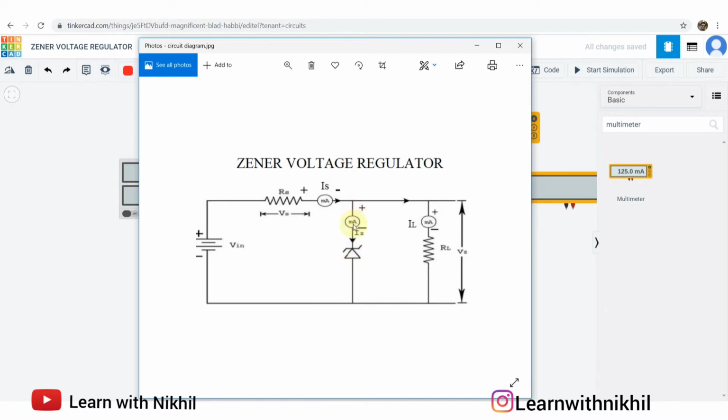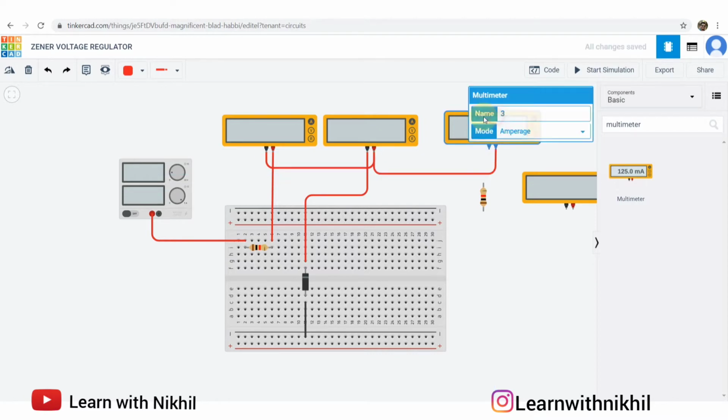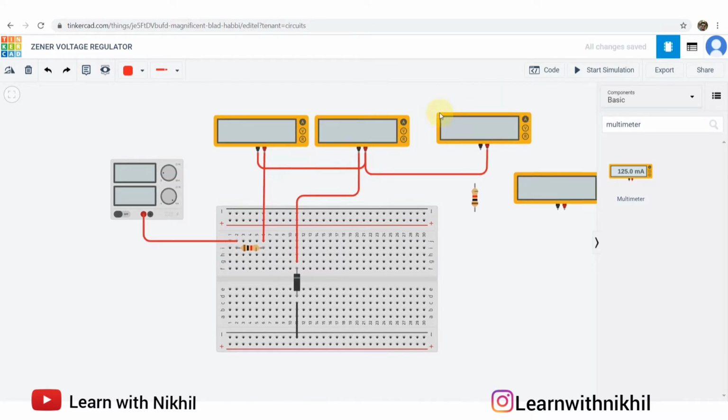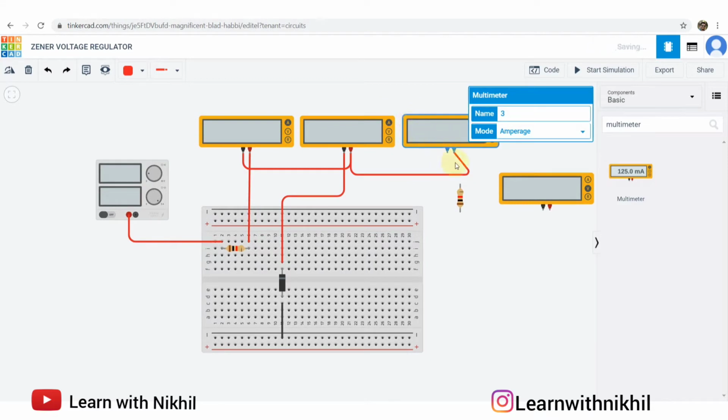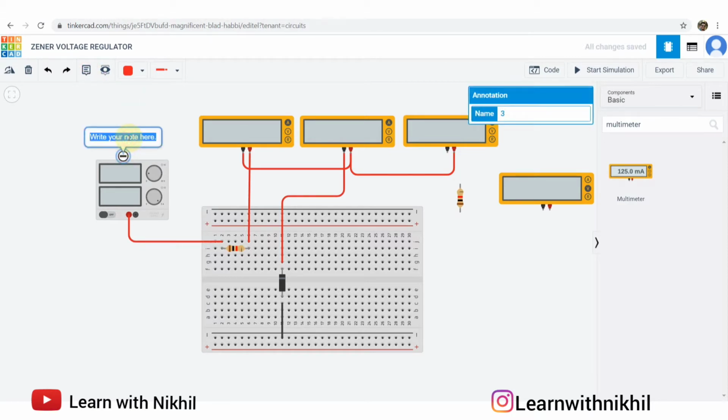Now the positive terminal of this milliammeter is attached to the positive terminal of IL. For reference, you can just write the names down here earlier.